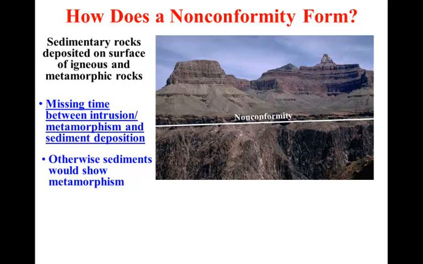Here's a closer look at that nonconformity. Here we have metamorphic and igneous rocks with flat-lying sedimentary rocks directly on top of them. That contact, the nonconformity, represents a period of missing time during which erosion was occurring.